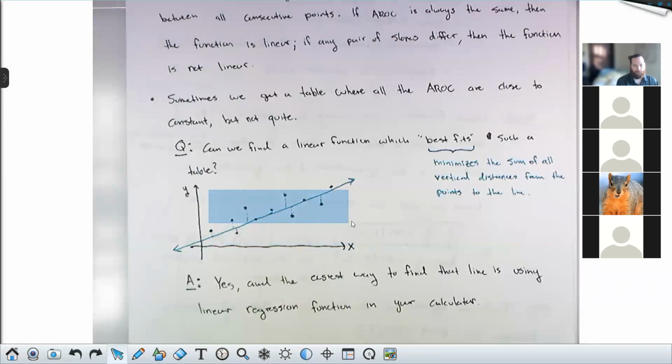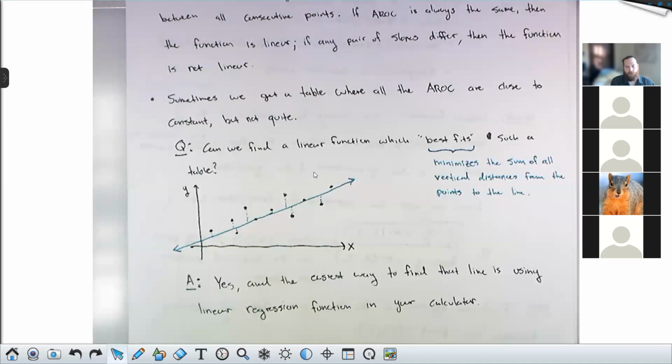So I'm going to take a specific table of data. I'm going to actually get some numbers, and we're going to find the line that best fits that data. Are there any questions about the idea here? Okay.